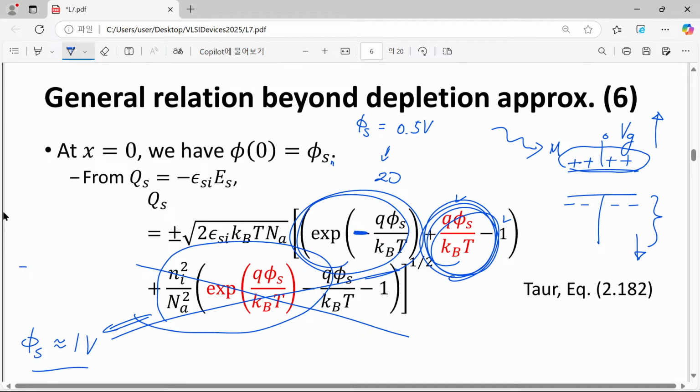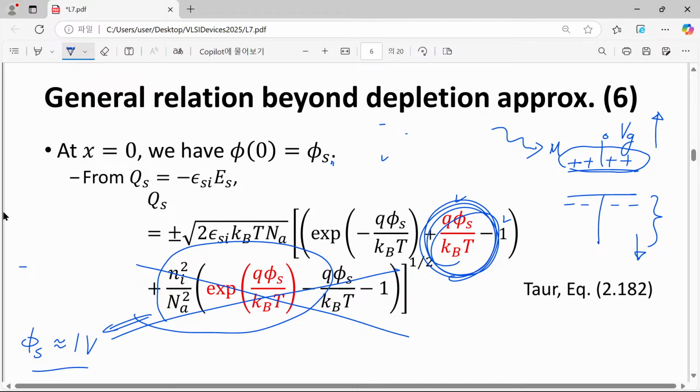So for positive surface potential, it rapidly approaches 0. Since this one has a negative sign in its argument, we can safely neglect it. So now you understand why I introduced only two terms highlighted in this case.